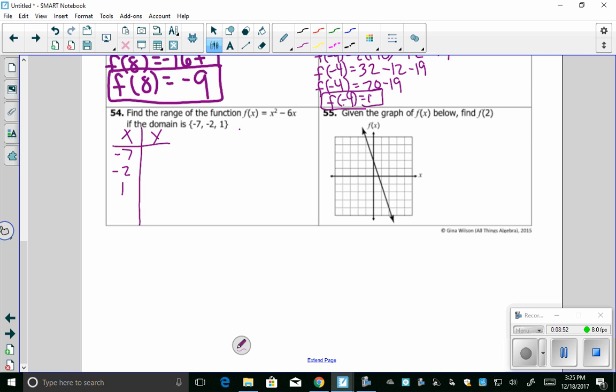So f of -7 is equal to -7 squared minus 6 times -7. -7 squared is 49, plus -6 times -7, which gives you 42. So 49 plus 42 equals 91.